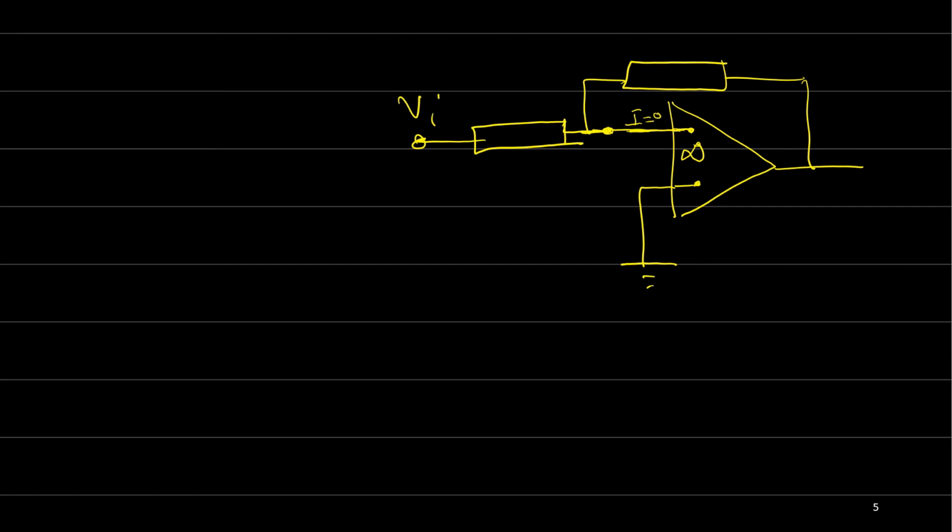It's V input, V output, R1, R2. Okay? So we said, according to the current rule, the current inside this amplifier is 0.